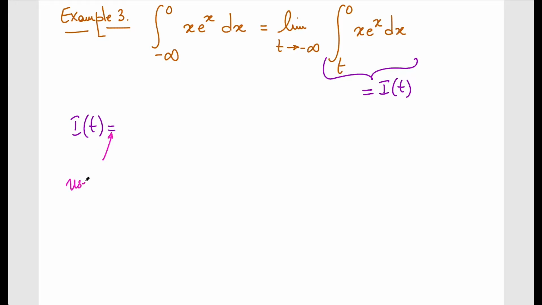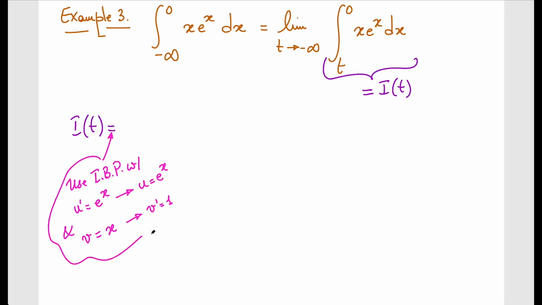Let's use integration by parts with u prime being e^x and v being x. So if u prime is e^x, u is e^x, and if v is x, v prime is 1. Let's evaluate this integral.